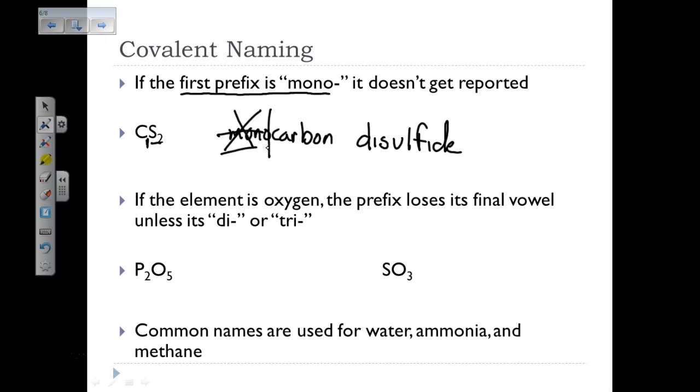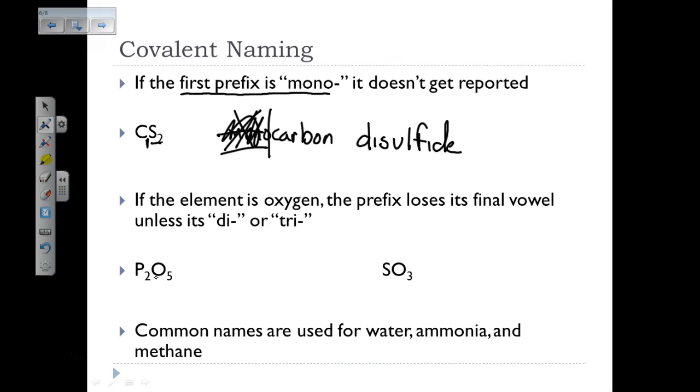I have a tendency to write out the name and then cross off anything that shouldn't be there. Now, some of these things can be a little weird when we write them. Oxygen has a rule that we lose the vowel off of the prefix unless it's di or tri.